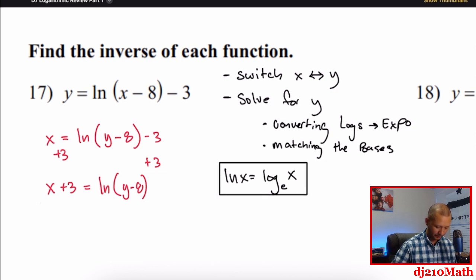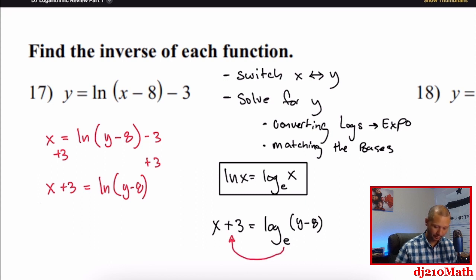So what I'm saying is x plus 3 is equal to log base e of y minus 8. So y minus 8 is the argument. Now when we convert this to exponential form, e raised to all of this equals all of that.